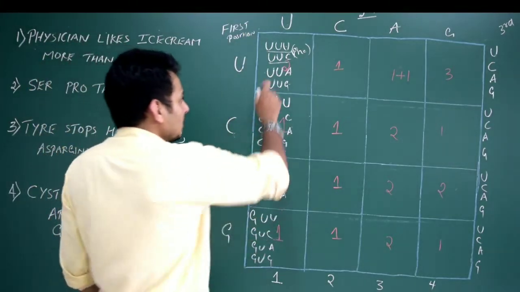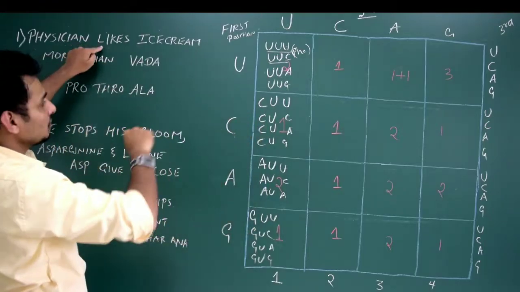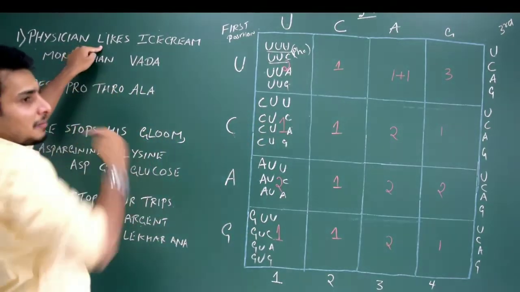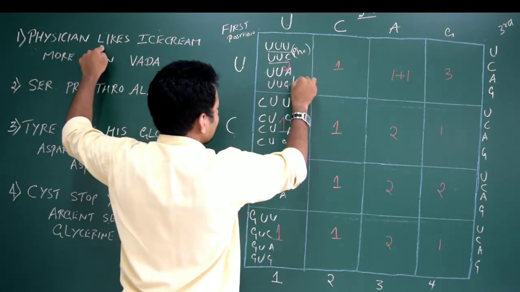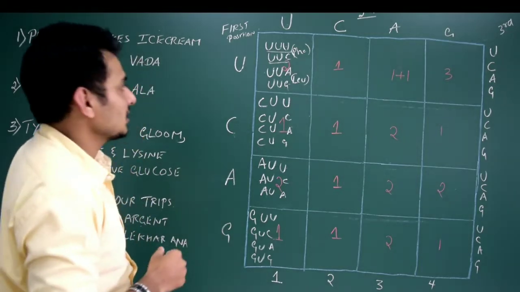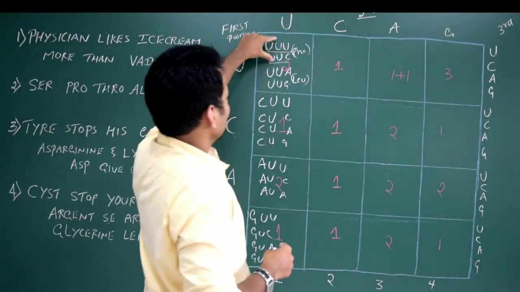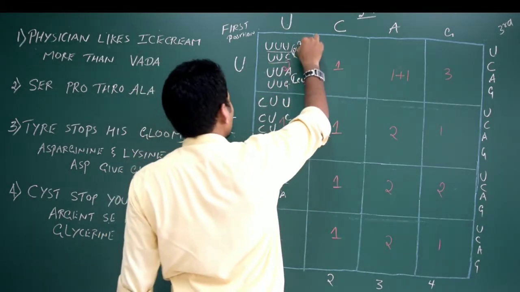Okay, so like that. Next, UUA, UUG. These 2 codons will code for an amino acid which starts with L. That L is leucine. It is abbreviated, written as LEU, leucine. So it is understood that 2 codons will code for phenylalanine. That means how many phenylalanine? 2.